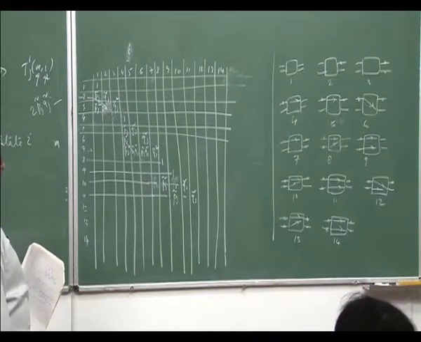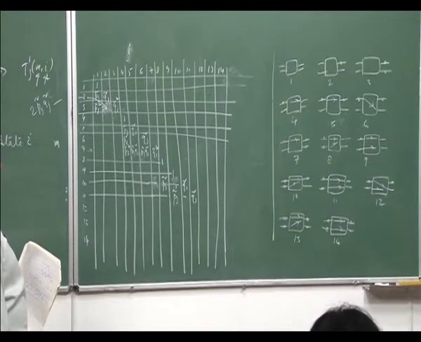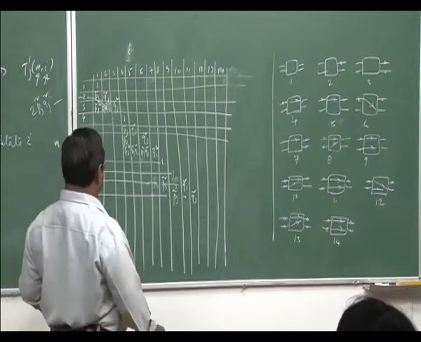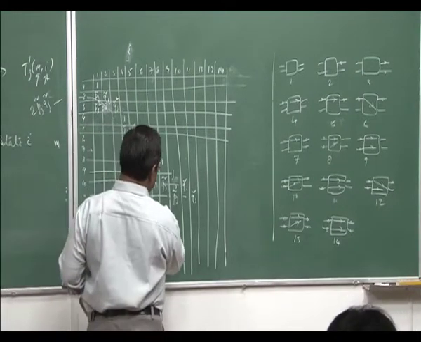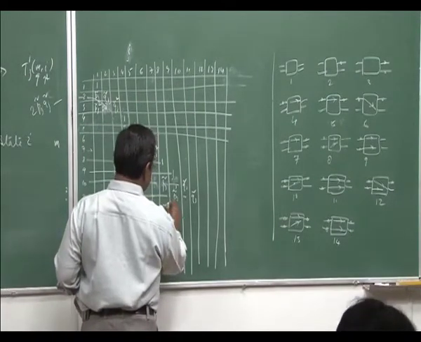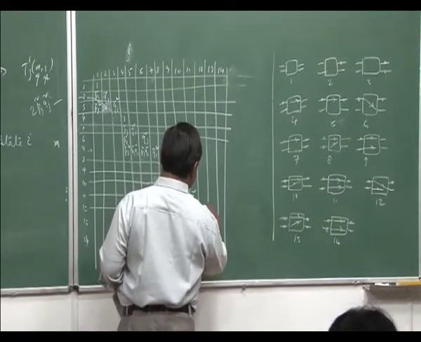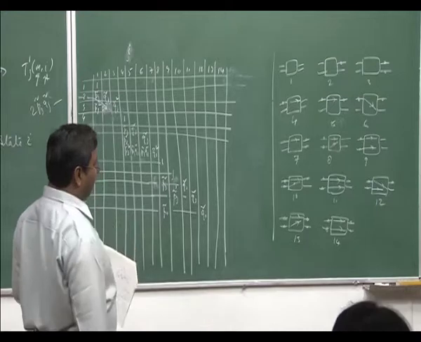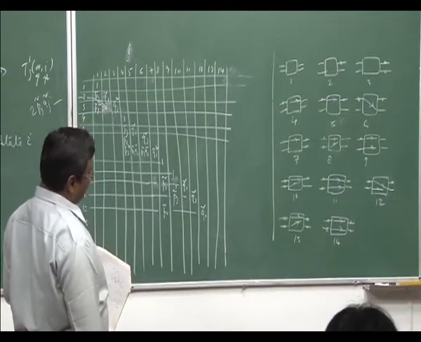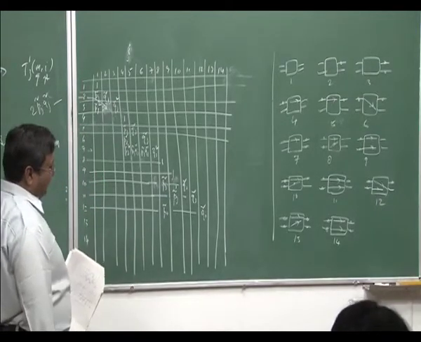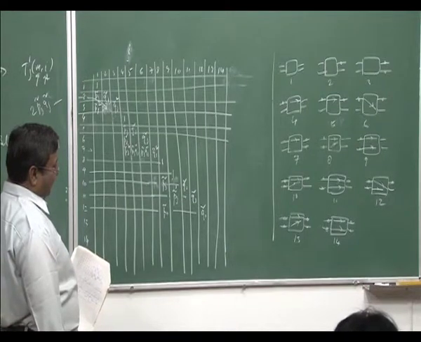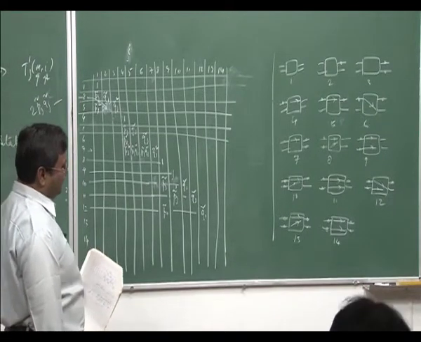12 will either remain 12 or will become 8. Thirteen. There will be 4 entries for this.